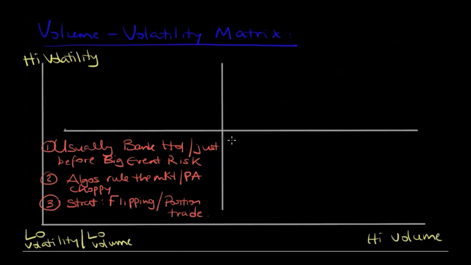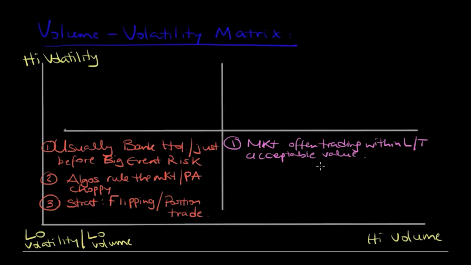So what we'll put here is market often trading within larger or longer term acceptable value. And what you'll find is on these kind of days, low volatility but high volume, a lot of the times you actually see quite nice range days.